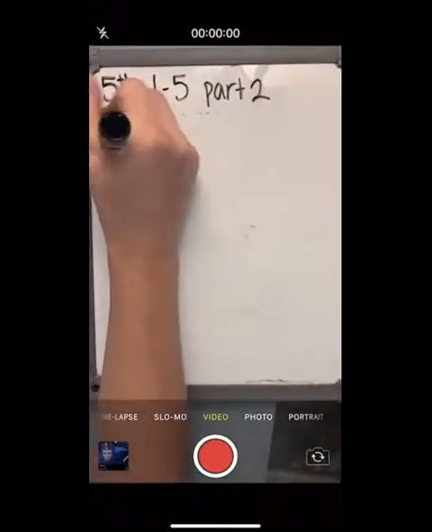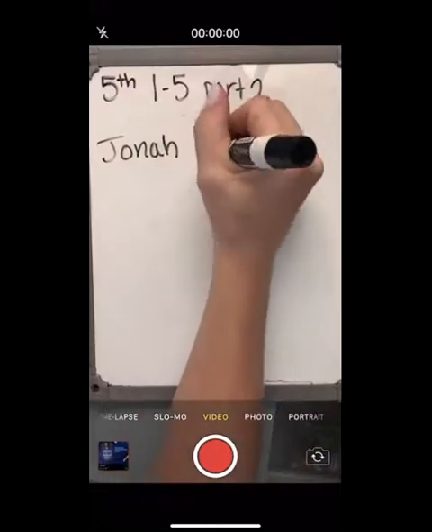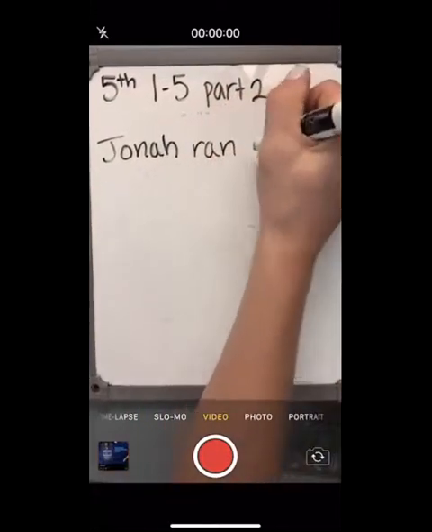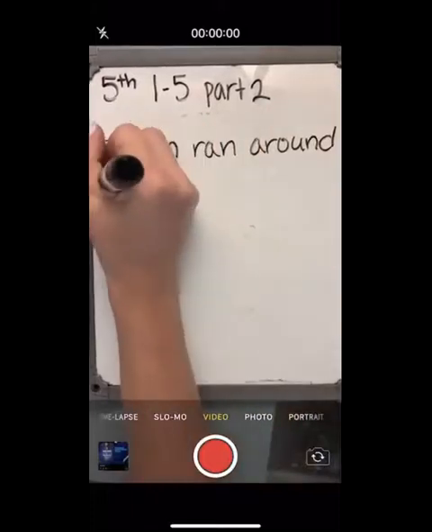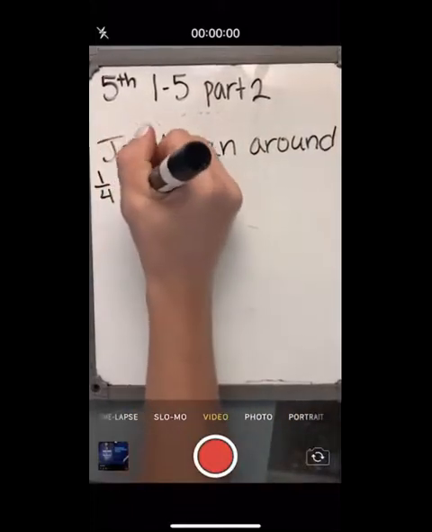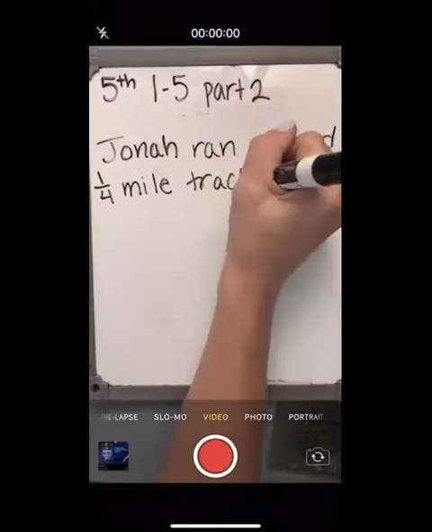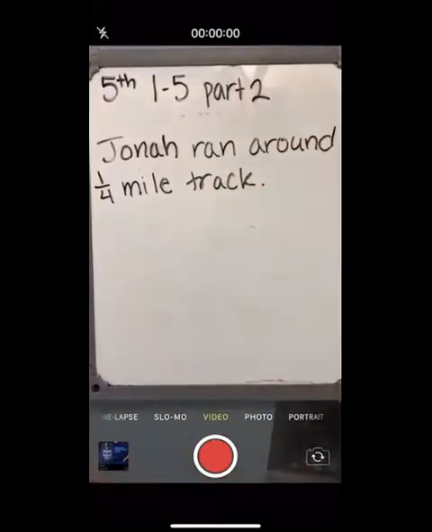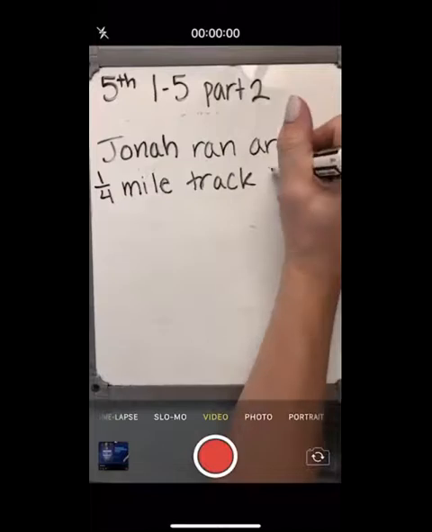So we have a problem here that says Jonah was running around a track. He ran around, which is actually true in real life, a 1/4 mile track. And actually each track in high school or professionally is a 4th mile track. He ran around the track 15 times.